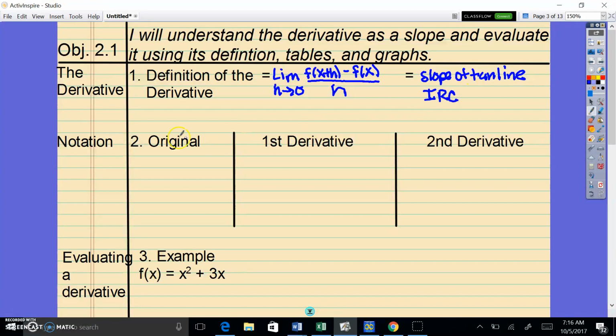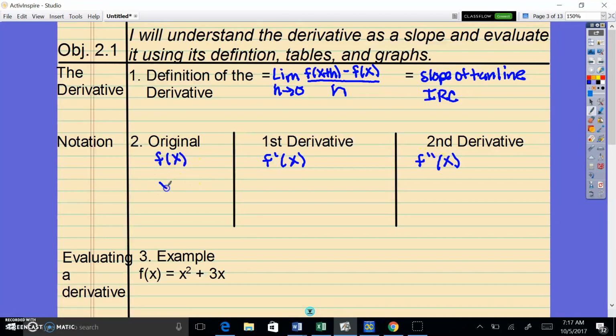Okay, so we talked about notation. If the original function's notation were f of x, then its derivative would be f prime of x. And its second derivative, and again, you can take many derivatives, but we're going to focus on the first two for this video, you would put a second apostrophe, and you would pronounce this f double prime.